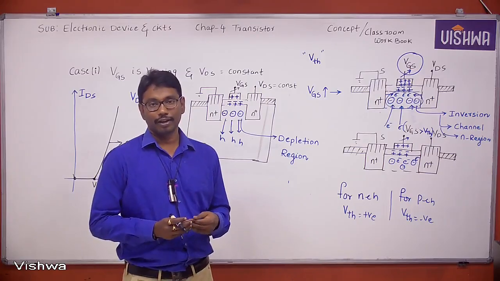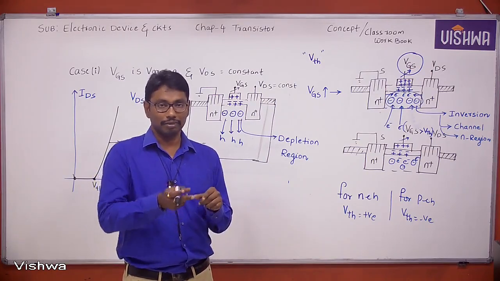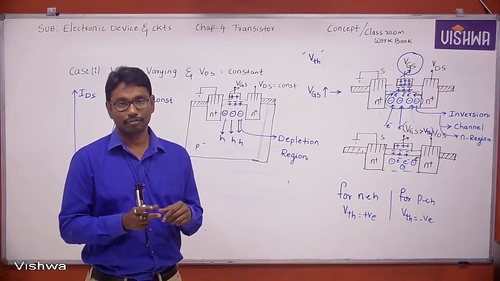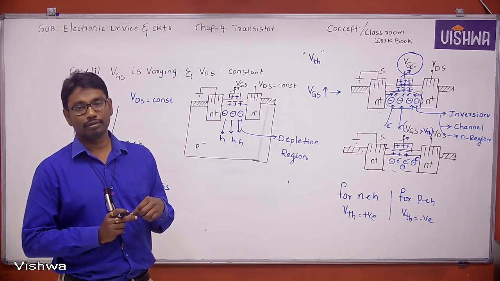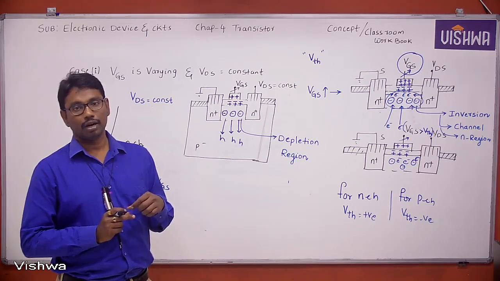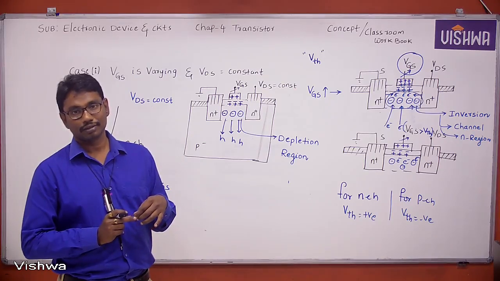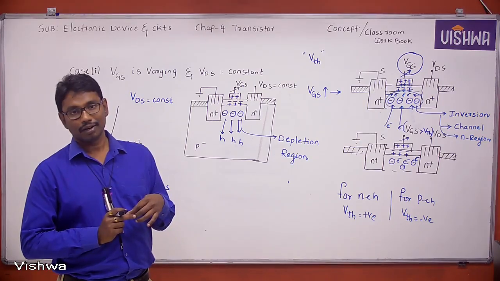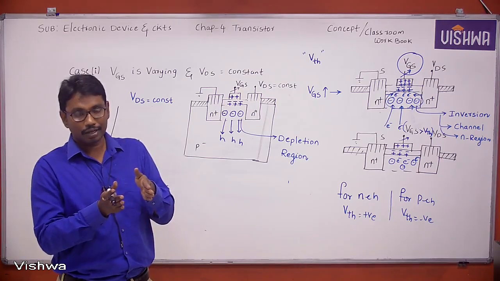Next point. When VGS increases, that means positive, then the metal becomes positive, and it can also polarize the oxide layer. That is, it can separate the positive charge and negative charge.